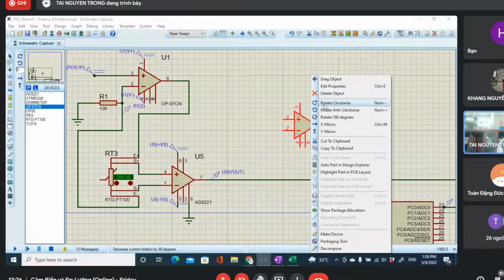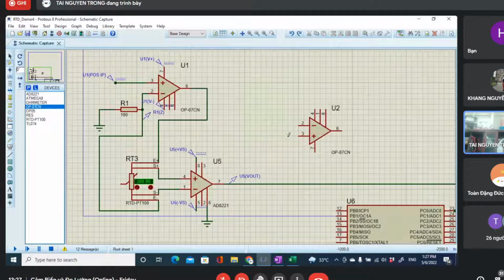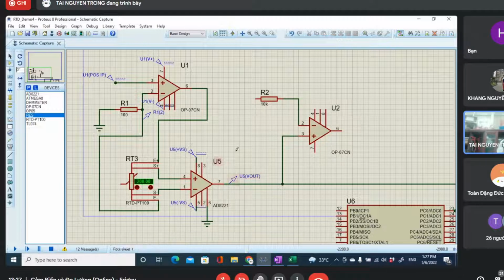Okay, and then we will have a resistance here, 10 kilo ohm, and ground.